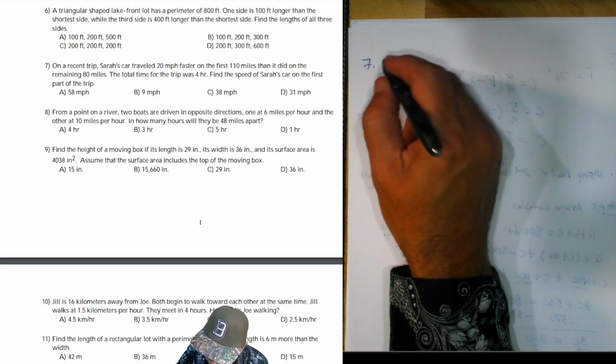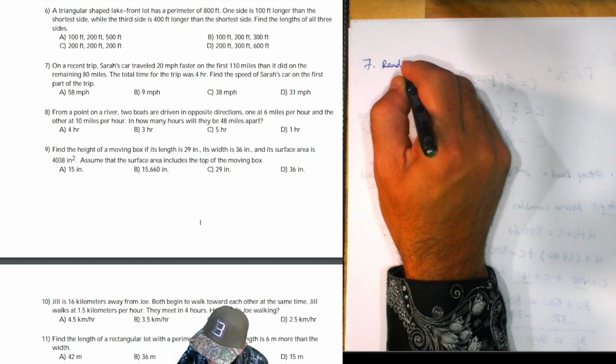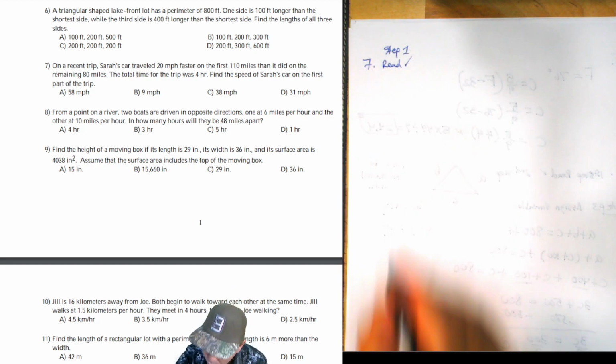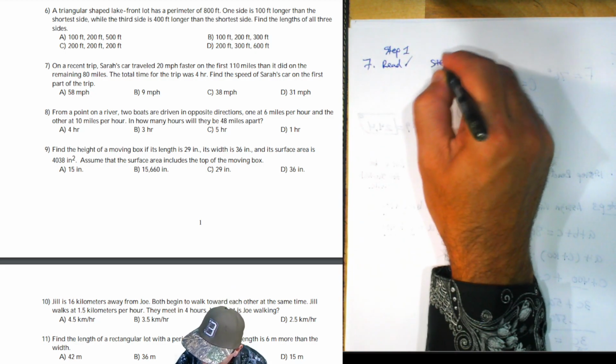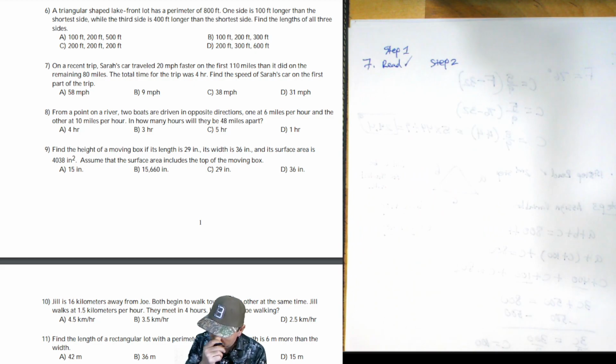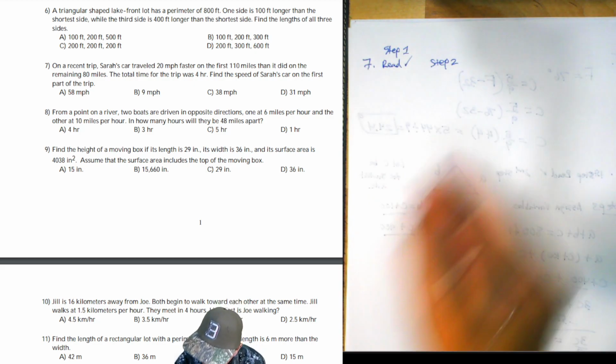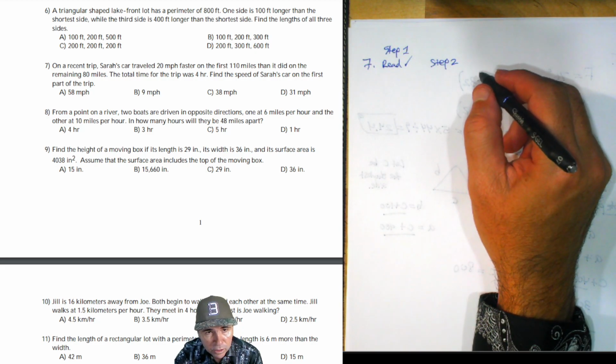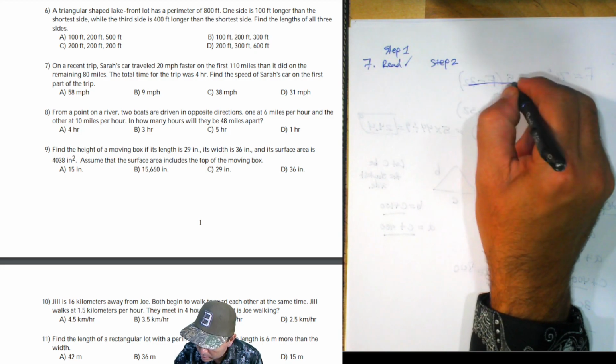Okay, so we read it. That's step 1, right? Step 2, what is it? Step 2 is to draw a picture. Okay, what picture do we have? Well, this person traveled first 110 miles, right?